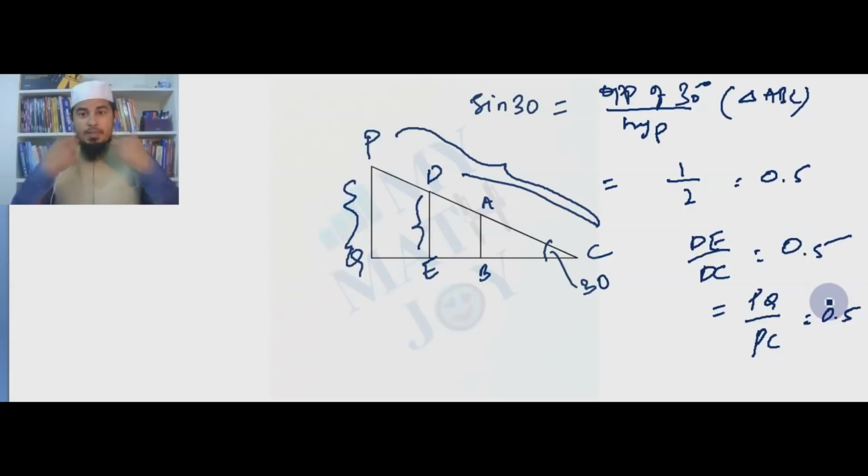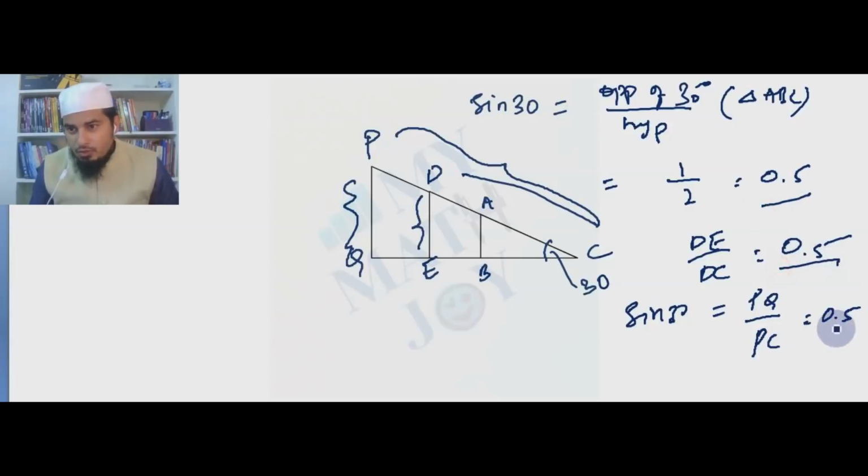What does this mean? Whenever we compute opposite by hypotenuse in any right angle triangle where the angle is 30, sine 30 gives 0.5 everywhere.